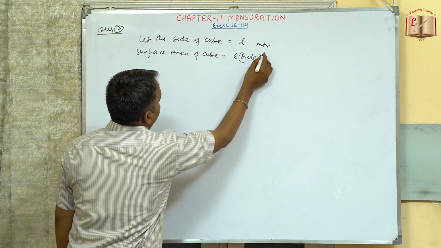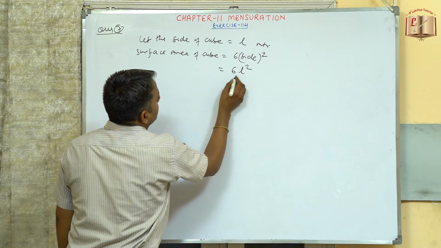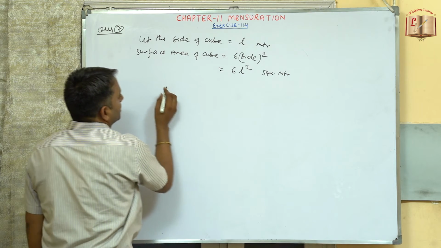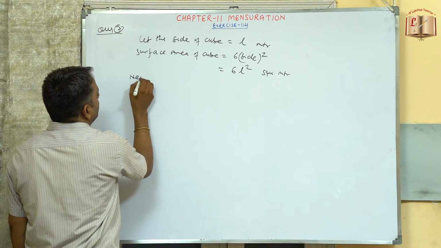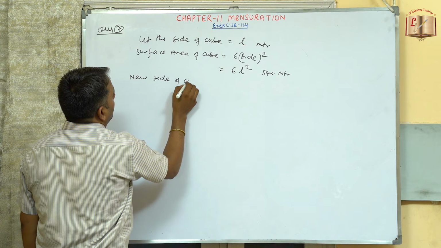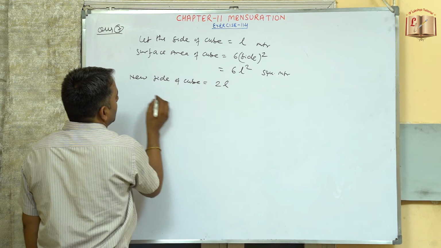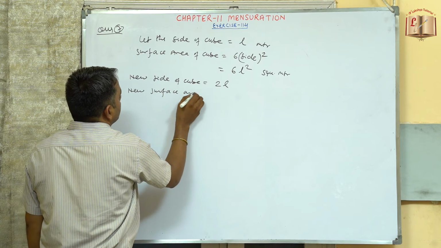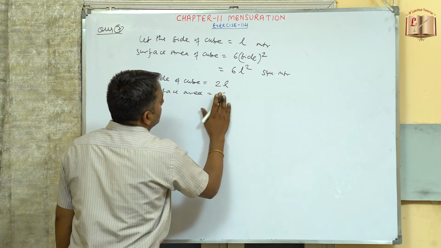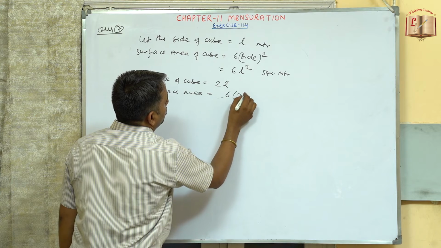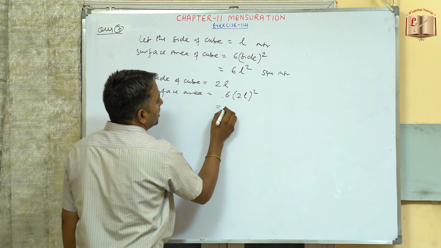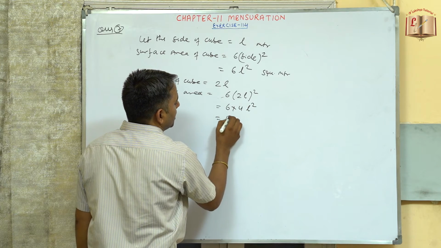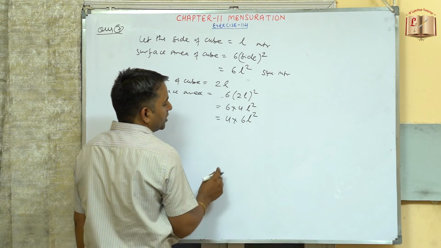So 6 side square, so this will be 6 into L square meters. Now the new side of the cube is doubled, so this is 2L. Now the new surface area will be 6 into 2L whole square, so this will be 6 into 4L square, so this can be written as 4 into 6L square.